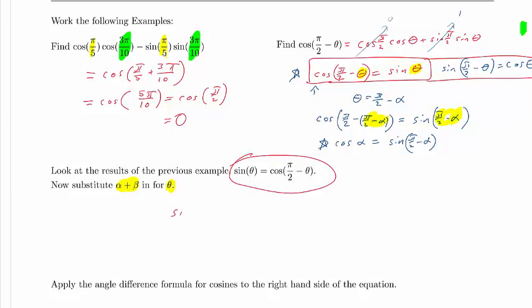So we're going to have sine of alpha plus beta equals cosine of pi over 2 minus alpha minus beta, right? We just went ahead and distributed that negative. And since both of those were positive, they are both now negative.